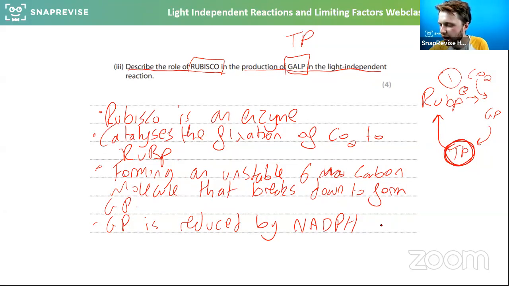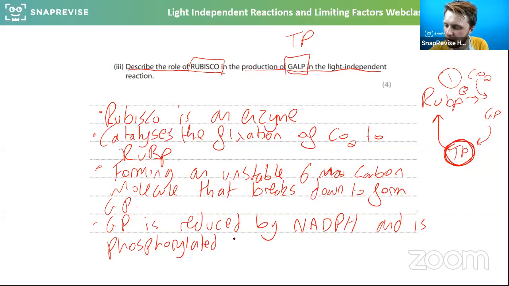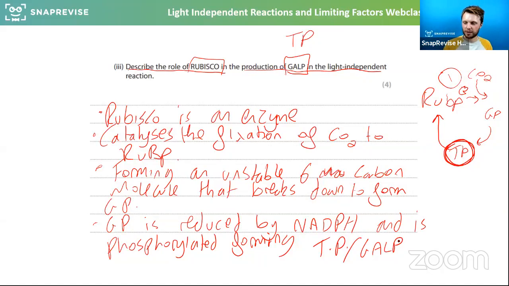And we could say, and is phosphorylated, forming TP, okay, or if you are OCR, GALP. Okay, there you go. That is the kind of question that you can expect.